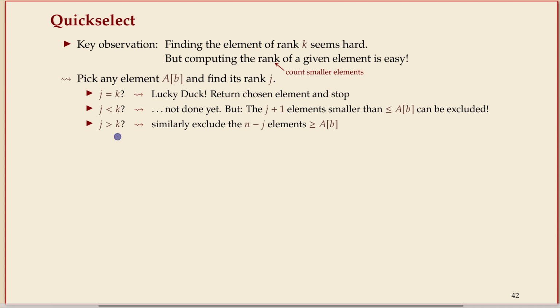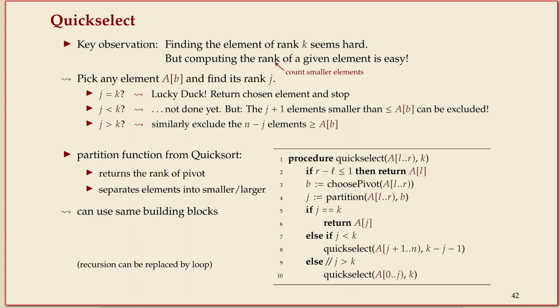And in the symmetric case, if the rank of the element that we picked is too big, we can also exclude a lot of elements, hopefully. And maybe no surprise at this point: if you want to find how many elements are smaller and also exclude them afterwards, you really want a partition. So we can use exactly the partition function from quicksort to do both of these things in one go.